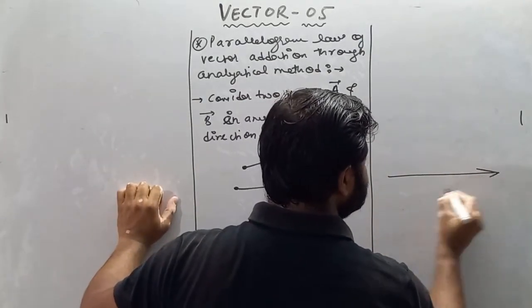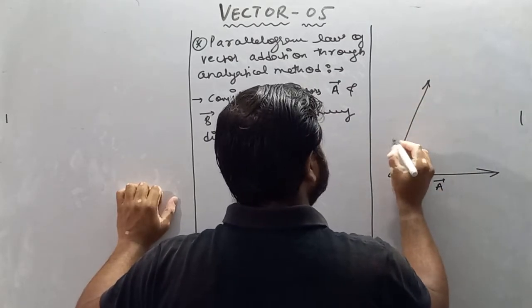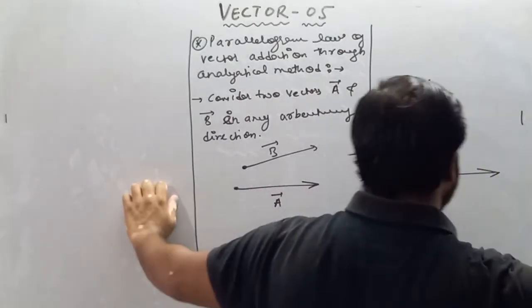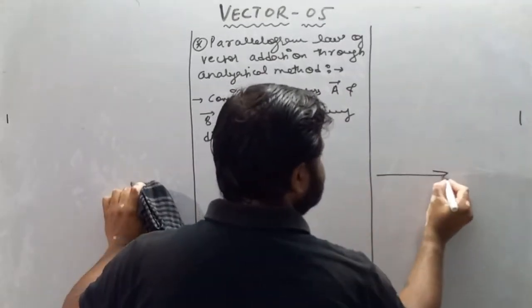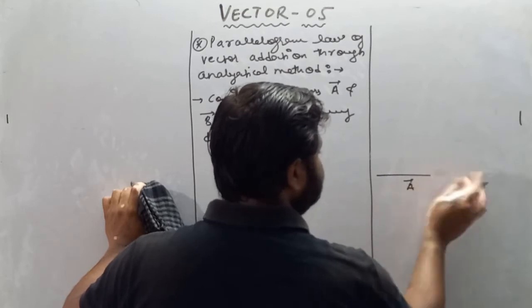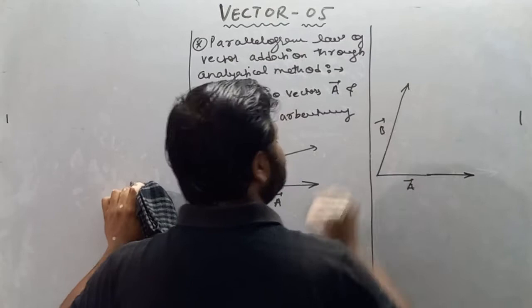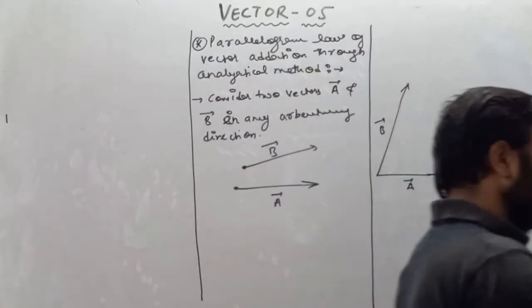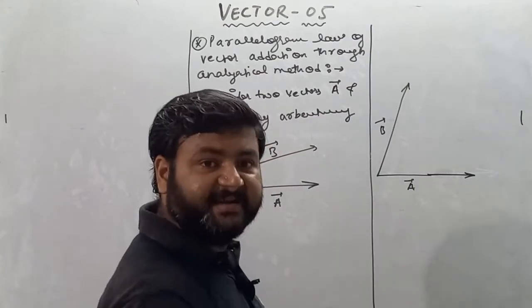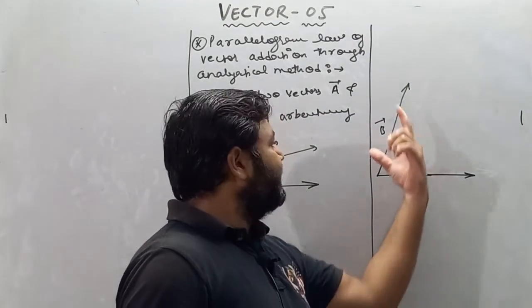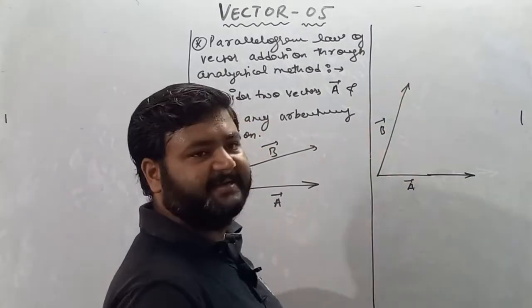This is your first vector, A vector, and this is your second vector, B vector. I'll join the first vector tail with the second vector tail.